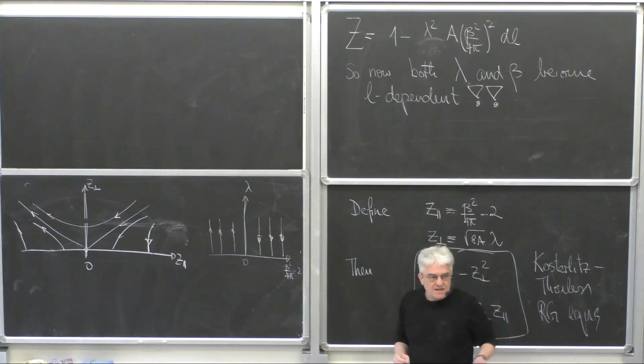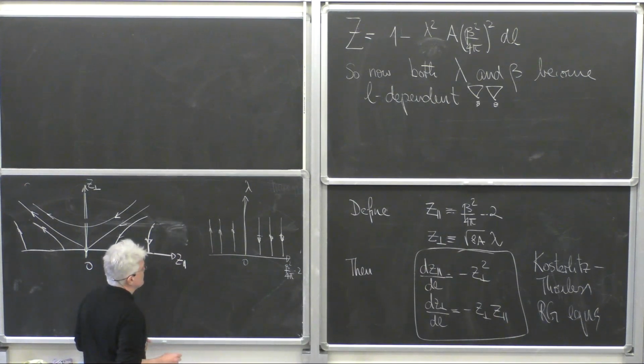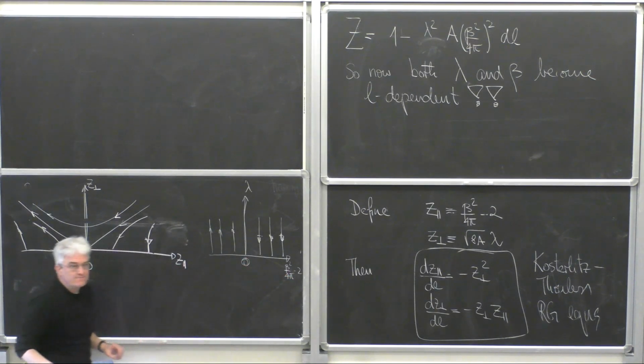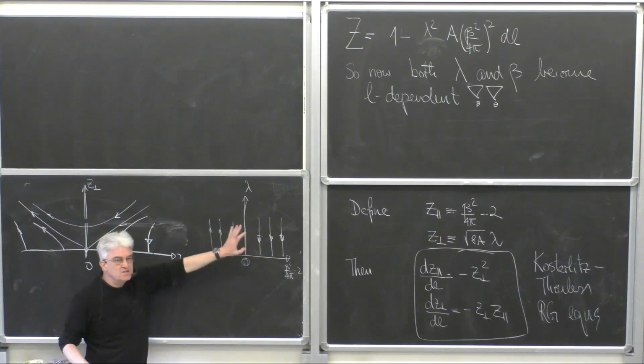And one of the important results of Kosterlitz-Thouless essentially is that when beta squared is close to 8 pi, then the second order in the RG modifies the RG flow very significantly.